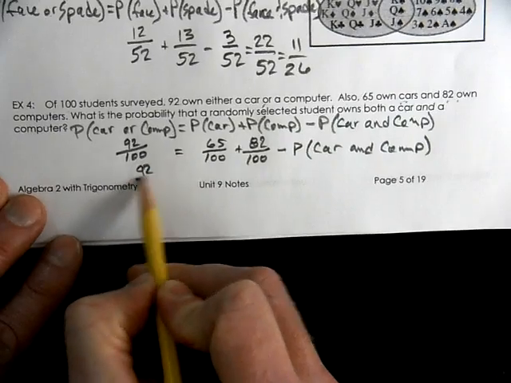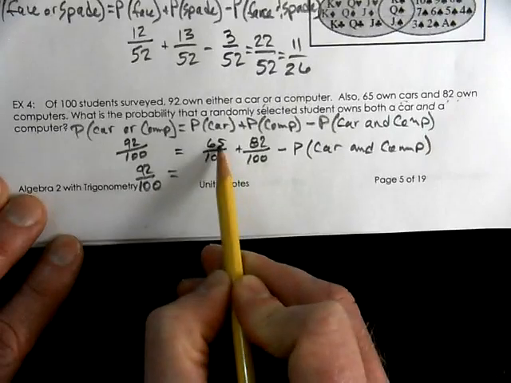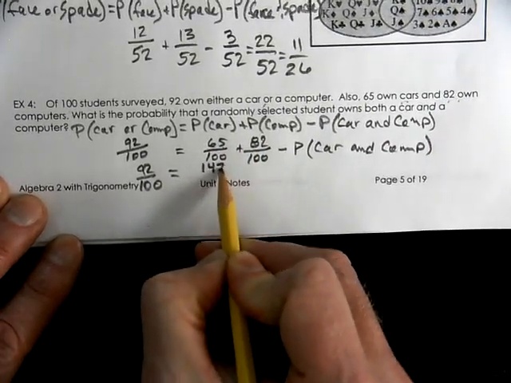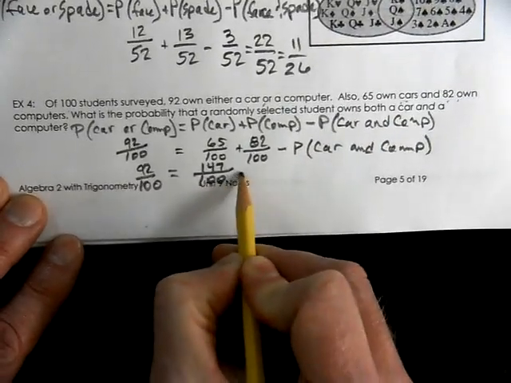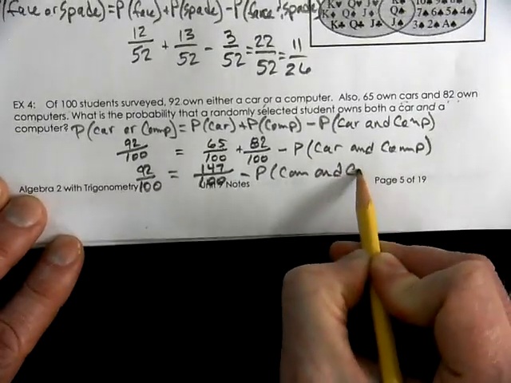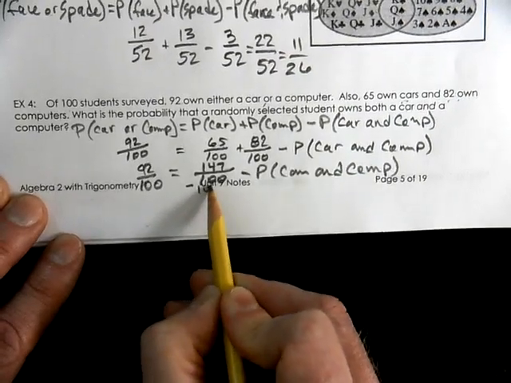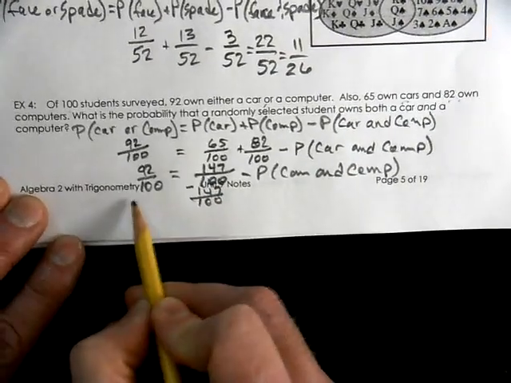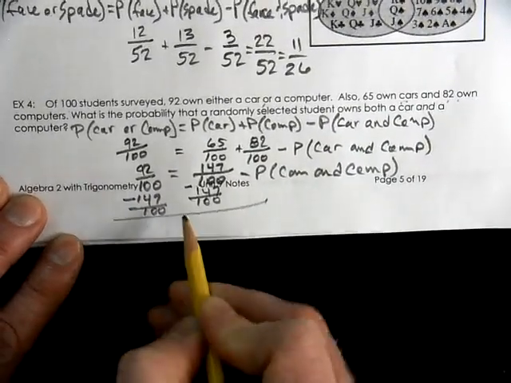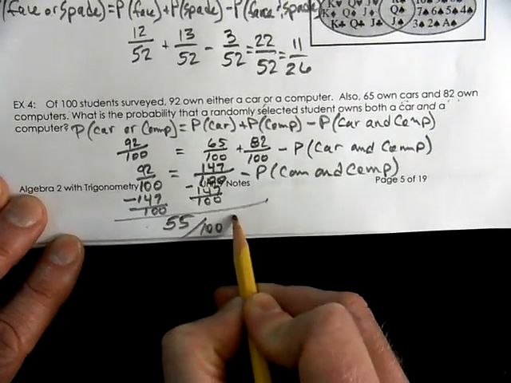So we have 92 out of 100. Here we have 147 out of 100. So we're going to subtract the 147. And that gives us 55 out of 100.